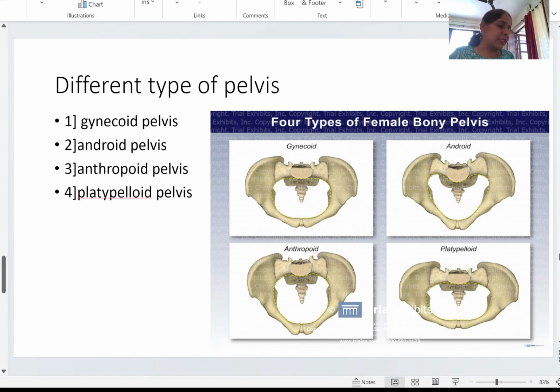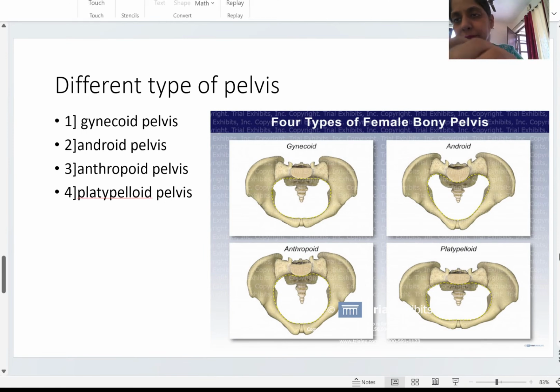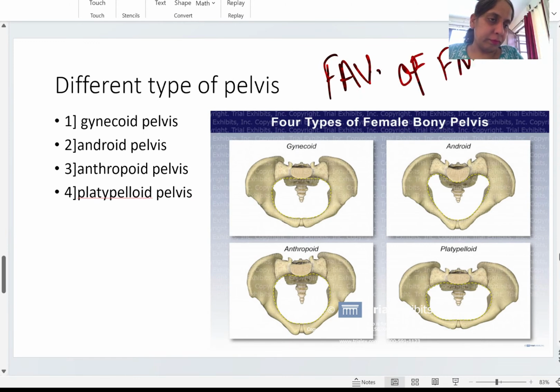Now let us discuss different types of pelvis. Again, a very favorite of FMG.